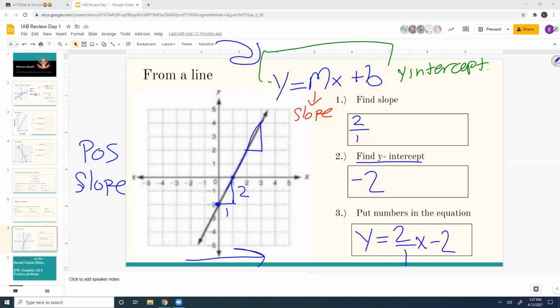I saw a couple people, Harry included, wrote y equals 2x plus -2. If you wrote it as plus negative, that means the same thing. Both of those are correct.